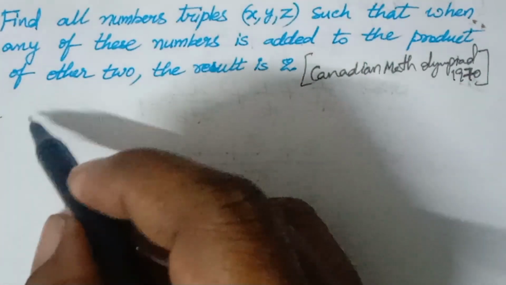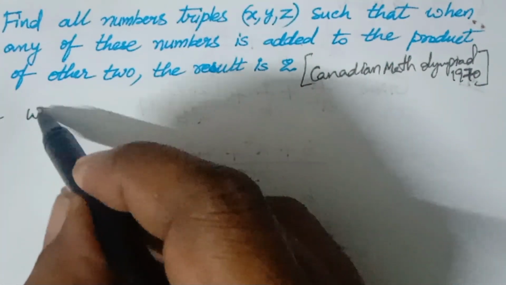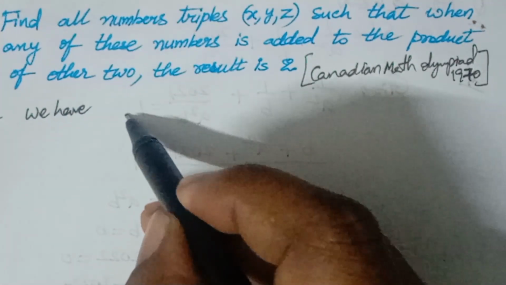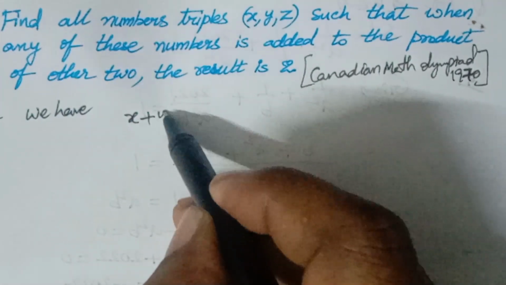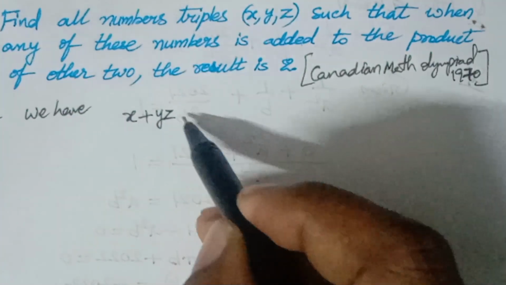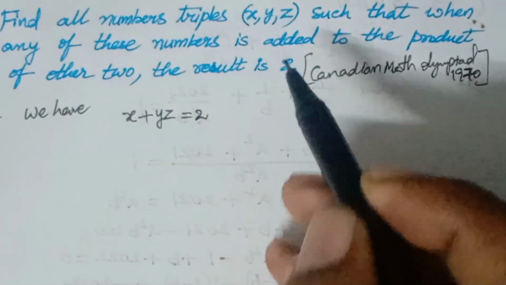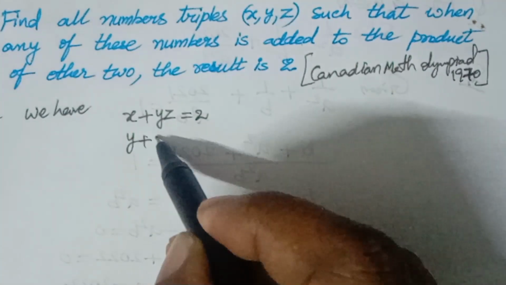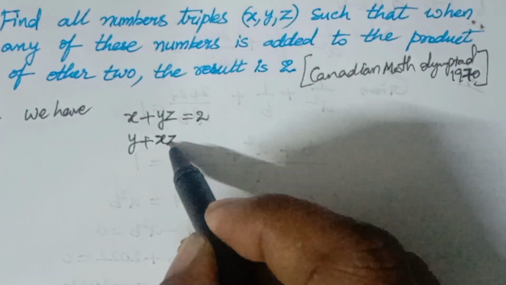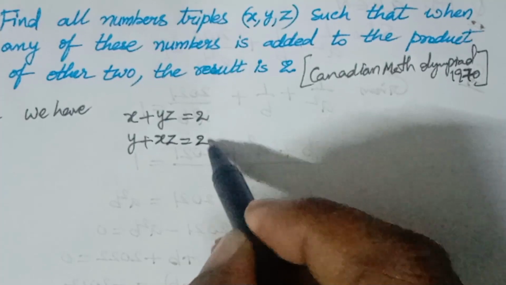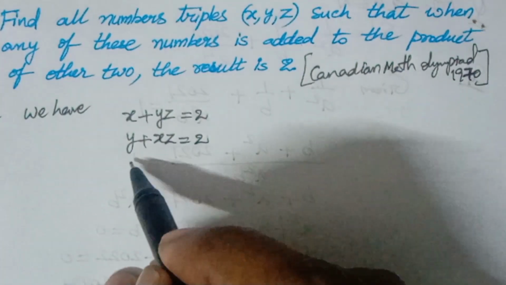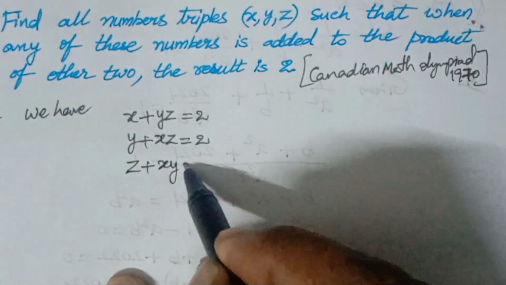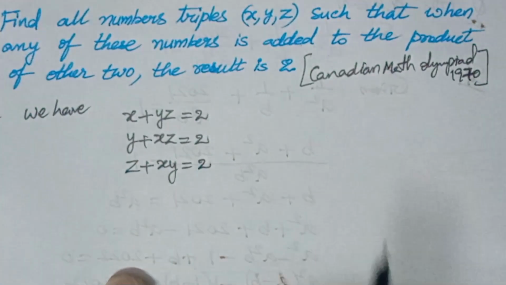So here, by the given data we have x plus yz equal to 2, y plus xz equal to 2, and z plus xy equal to 2.